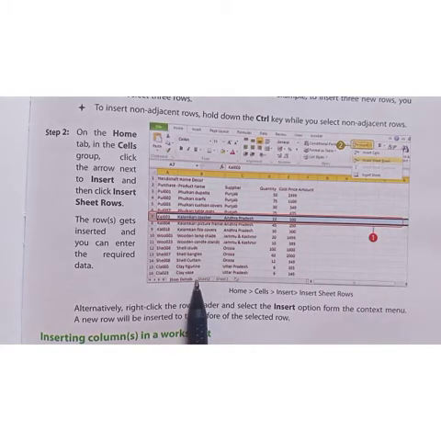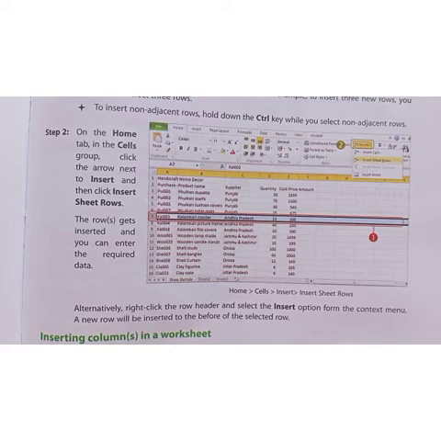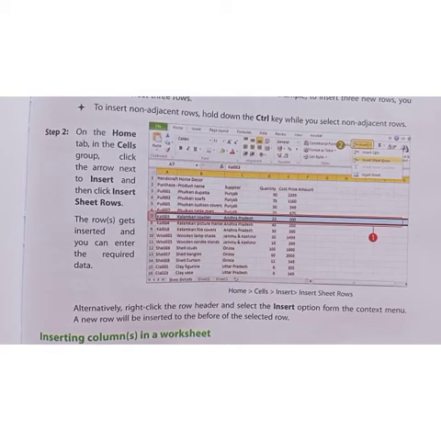So a new sheet will be inserted here. The procedure to insert cells, rows, columns and sheets is the same, and we do it all from the Home tab itself, from the Cells group, by using the Insert option.